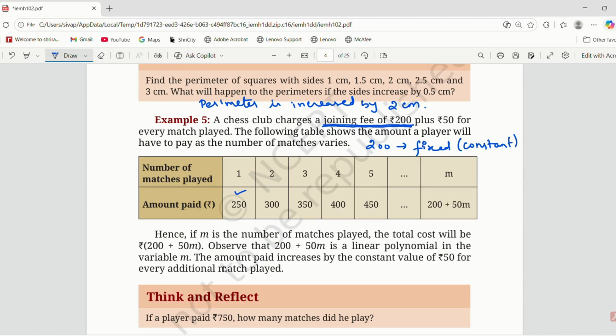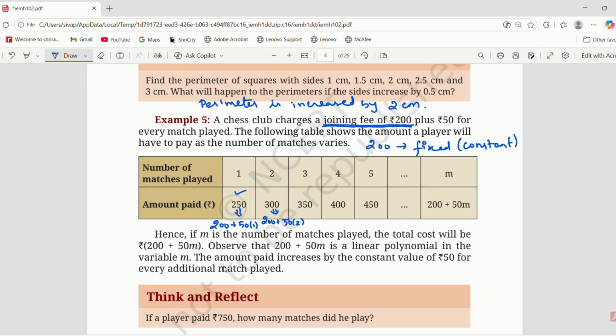So 200 plus 100 is going to be 300. So here we can split this 250, the entire amount, in terms of joining fee plus the number of matches they played. So I am writing this 250 as 200 plus 50 into 1 because he played one match. Similarly this 300 can be termed as 200 plus 50 into 2.